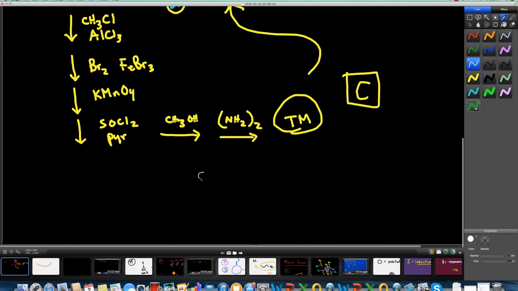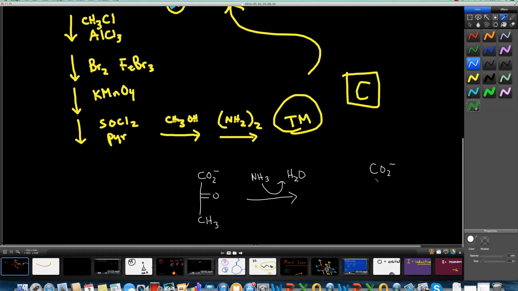So pyruvate has the following structure in the Fischer projection. And when this undergoes reductive amination, essentially you're going to have as a reactant ammonia, and as a product you're going to have water.